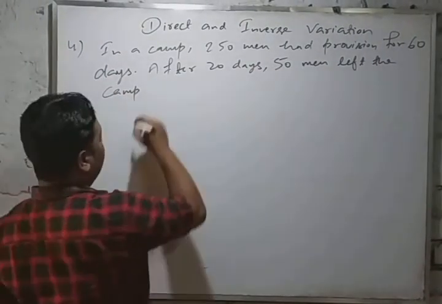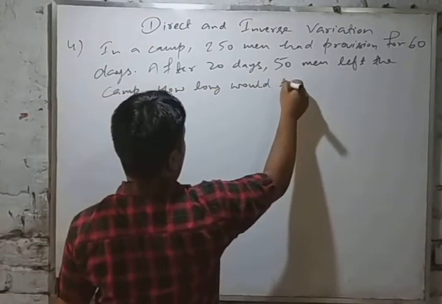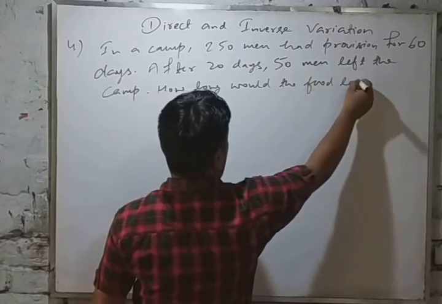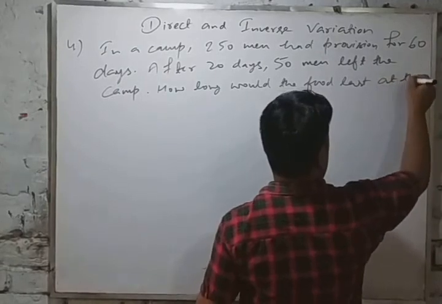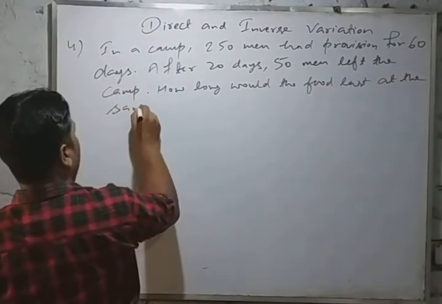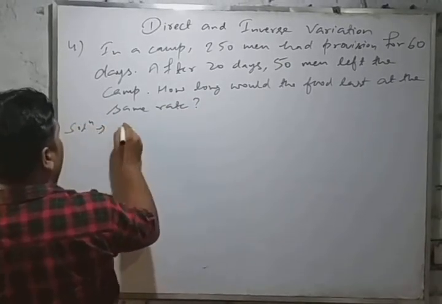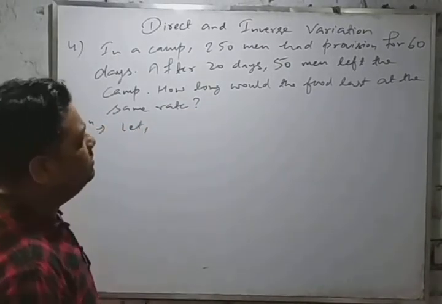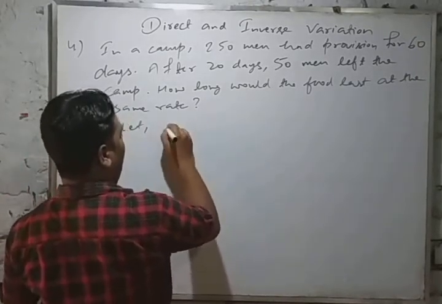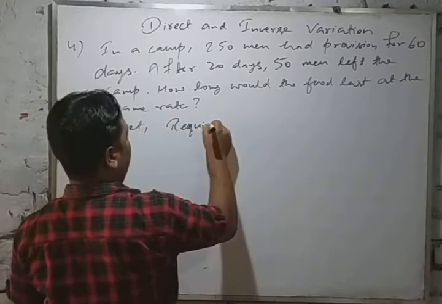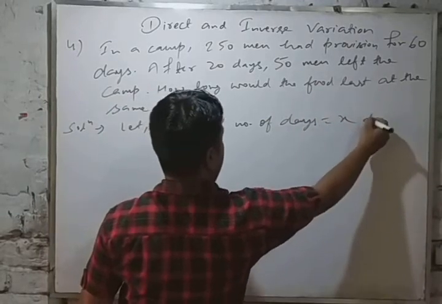Then how long would the food last at the same rate? Now we have to find. At first we will assume the time, how many days. Required number of days is equal to x days.